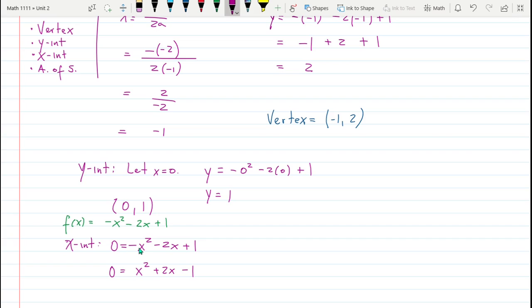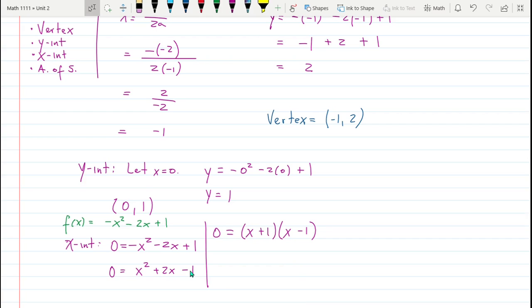Then, because I'm running out of room here, I'm going to factor, and we'll have two things that multiply up to x squared, so x and x. And then two things that multiply up to negative 1, it's going to be positive 1 and negative 1.